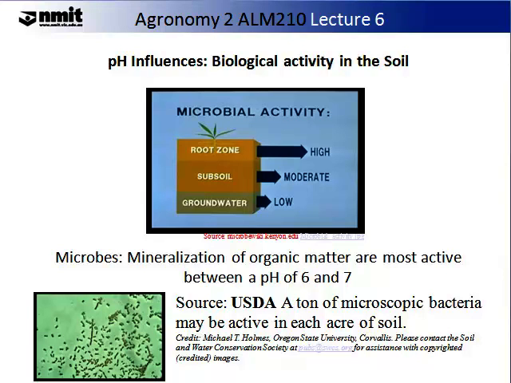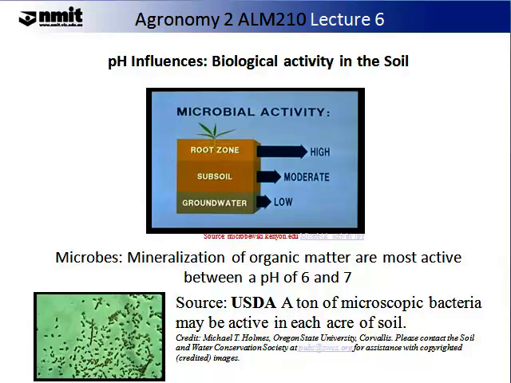Biological activity is important in the breakdown of organic matter and is also linked to the percent carbon in the soil. Microbial activity makes up the majority of biological activity in a soil, as can be seen from the diagram on the slide.